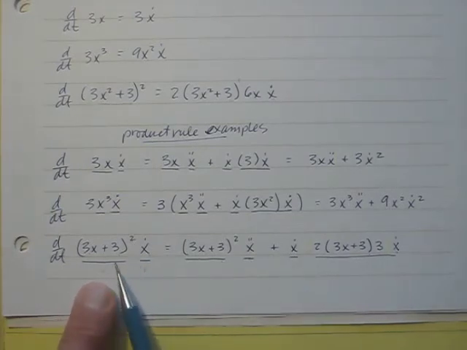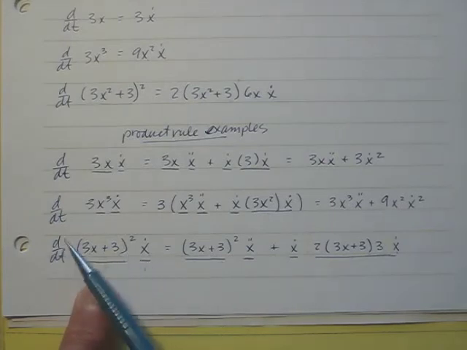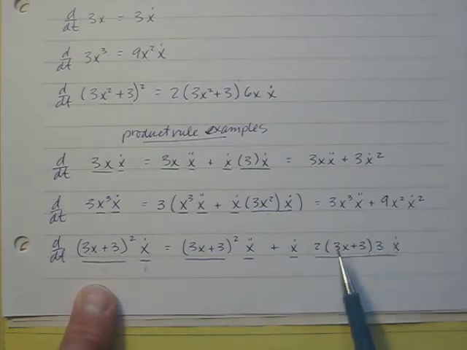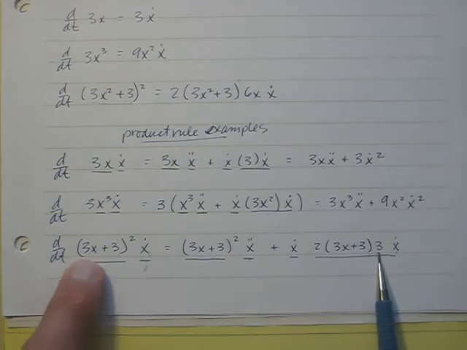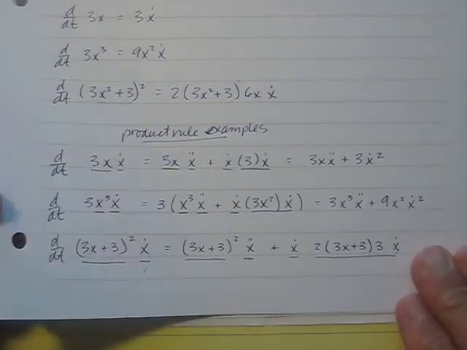And here I'll have to do the regular derivative concept, where I'm going to put the 2 times 3x plus 3 raised to the 1 power. Now I have to do du dx, which would be the 3, the derivative of that, and I still need an x dot on the end.